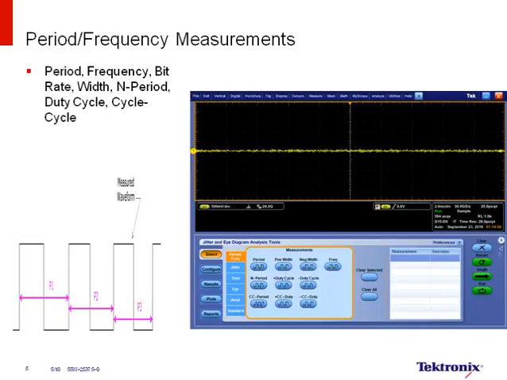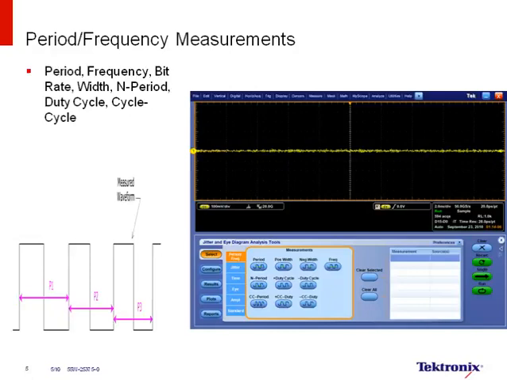Understanding that measurement variation is key to proper characterization of jitter analysis will allow you to properly characterize your boards with margin.